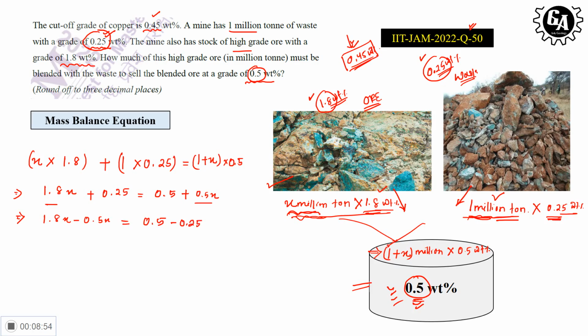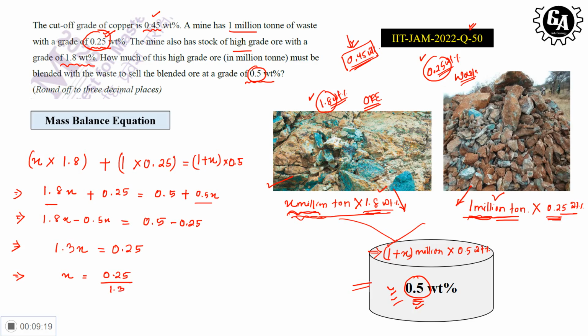So 1.8 minus 0.5, this is 1.3x is equal to 0.25, and finally x is equal to 0.25 divided by 1.3.